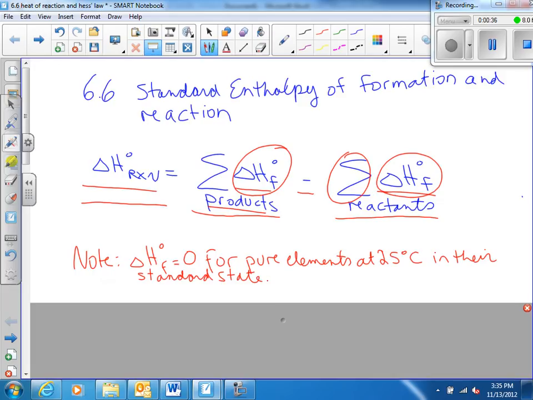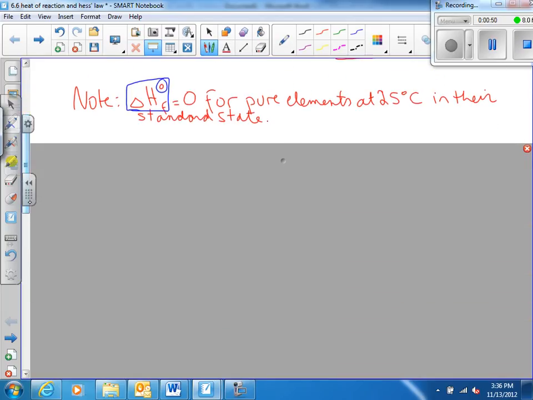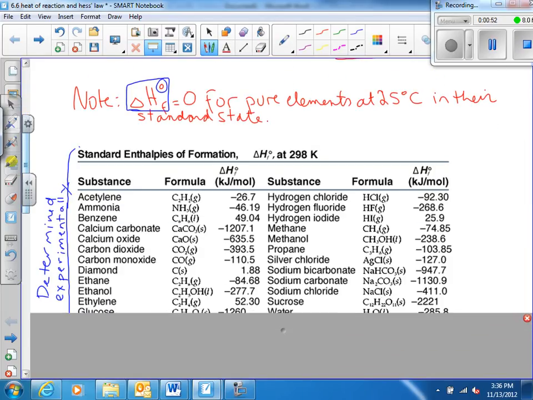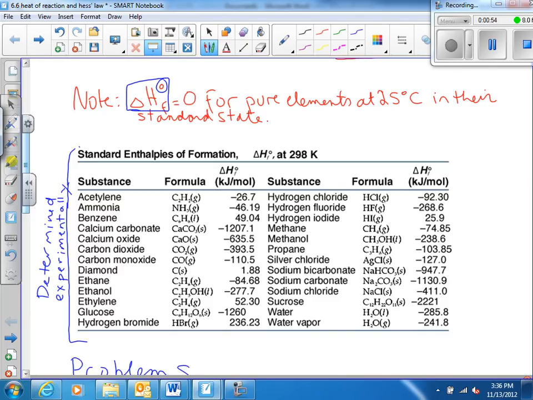A couple important things. First off, the standard heat of formation, that's this delta H_f naught, is 0 for pure elements at 25 degrees Celsius in their standard states. And then I've put a big table of heats of formation that I obtained from the internet.